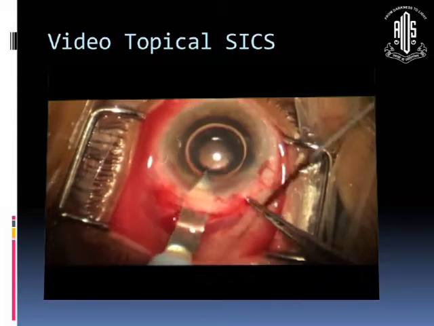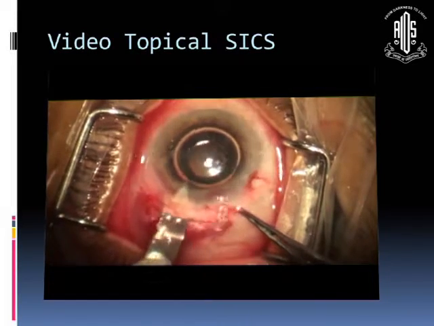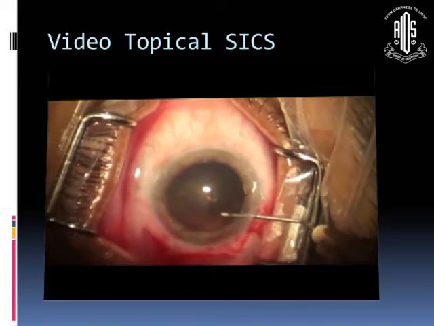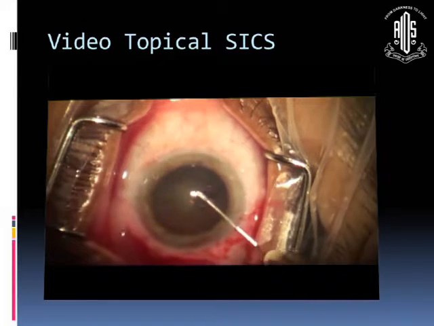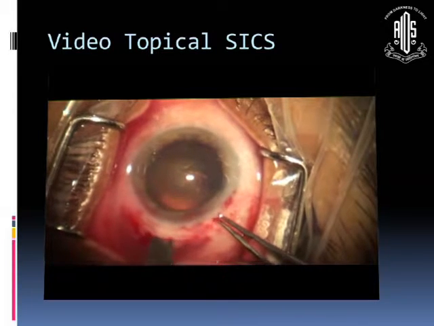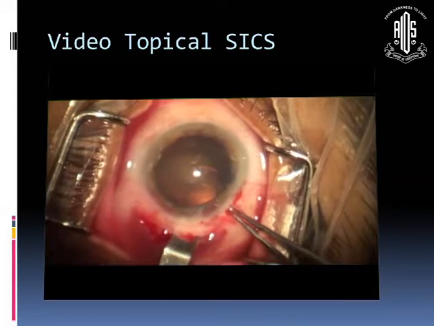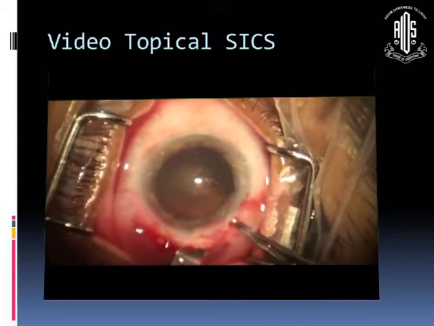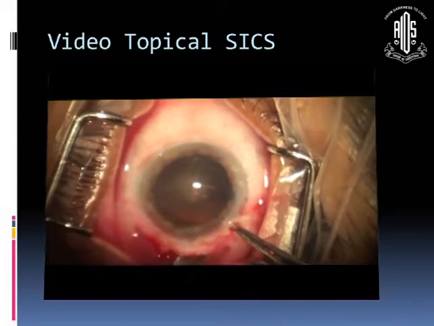Usually the tunnel bleeds a lot because we have not given any block. While extending the tunnel also, the hold on the conjunctiva is very important, and the hold should be very gentle, not pressing much on the globe.